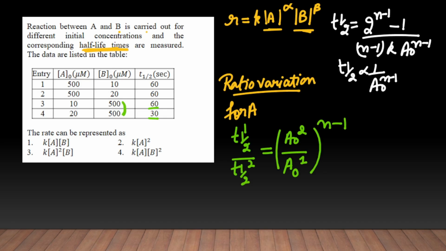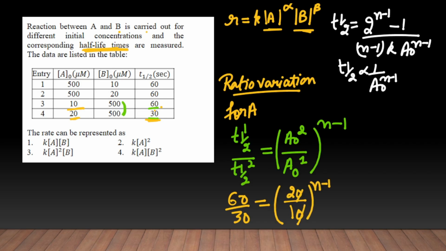So T half 1 upon T half 2 is 60 upon 30, which is equal to, when the T half value is 60, the initial concentration is 10, so that comes in the denominator. When the T half value is 30, the initial concentration of A is 20, so that comes over here, raised to the power of n minus 1.